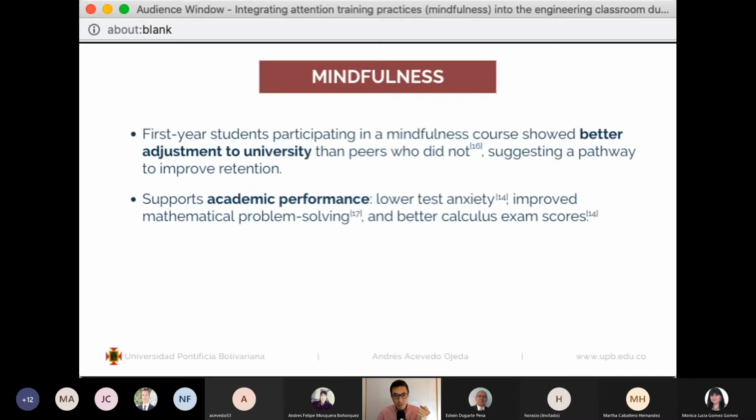First-year students participating in a mindfulness course showed better adjustment to university than peers who did not participate. This suggests a pathway to improve retention.